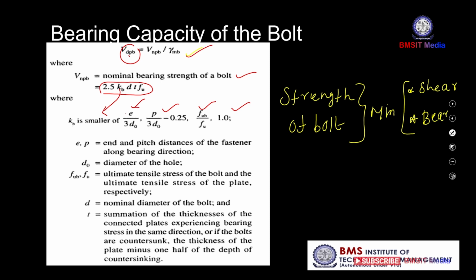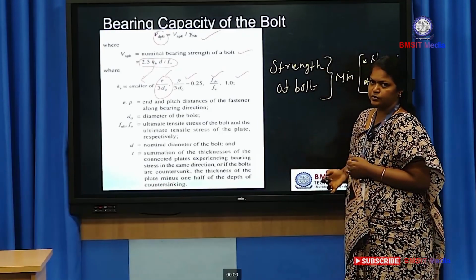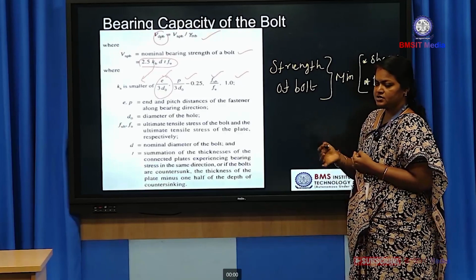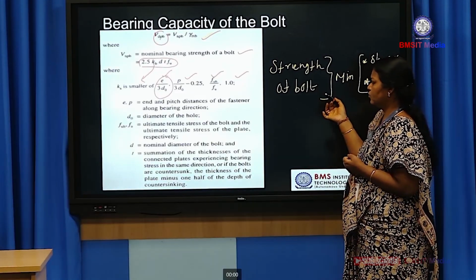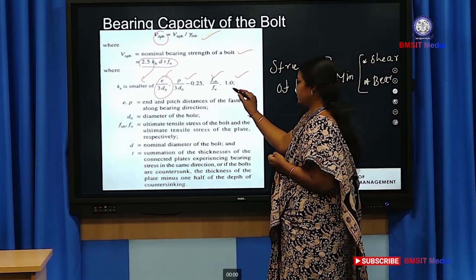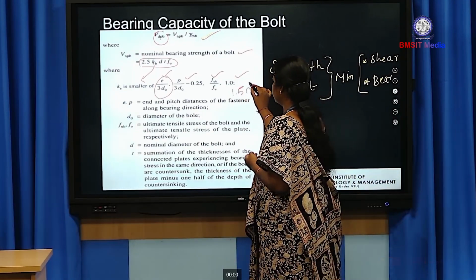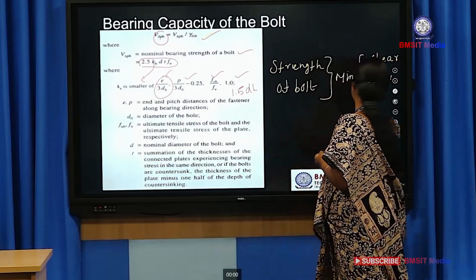Now, what is e divided by 3d0? e means the edge distance. What is edge distance? If it is not mentioned in the problem, we can calculate the minimum edge distance. The minimum edge distance is, I think, 1.5 times the diameter of the hole. We will check.